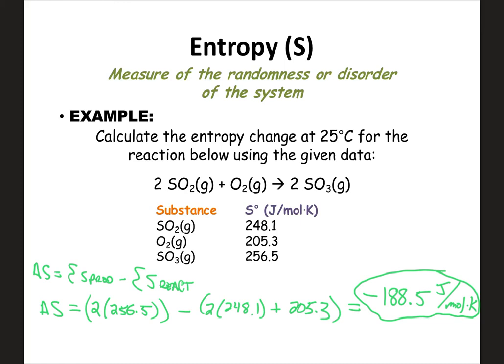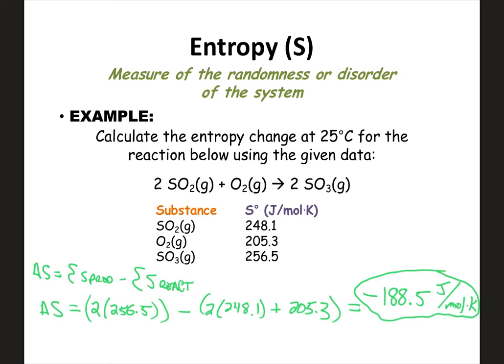You would have to possibly answer questions about this. So why is this a negative change in entropy? Why did the disorder go down? Well, take a look at your actual reaction. If you notice here, all of the substances are gases. All right, so we're not changing state, so it's not going to be anything to do with that.